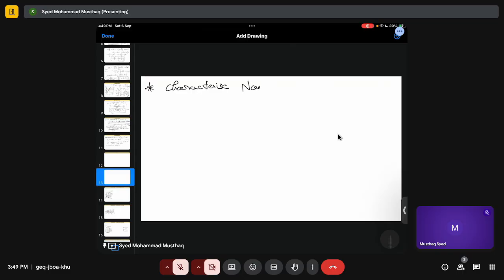How do you differentiate the nanomaterials? That is the meaning of this line. Okay, so characterization. How do we differentiate?